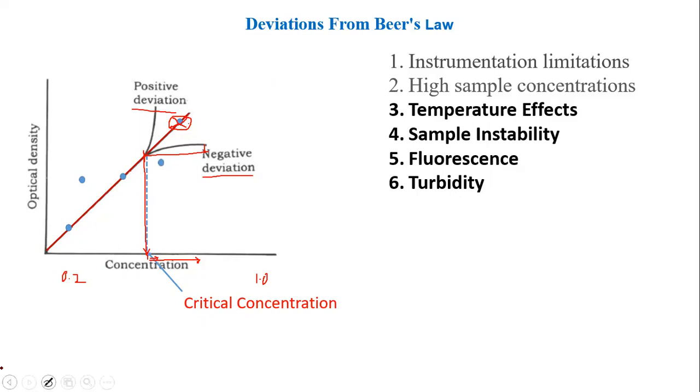The reason is simple. When we are actually drawing the straight line, we should always consider such points in a way that the other points which are not lying on the line should be on either side of the line in equal proportion. What that means is that you are trying to balance the situation.